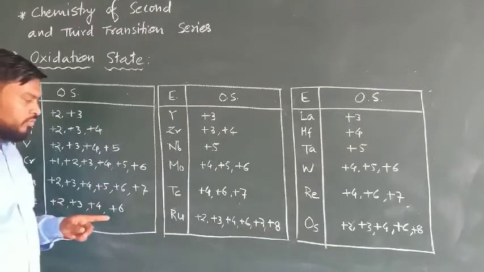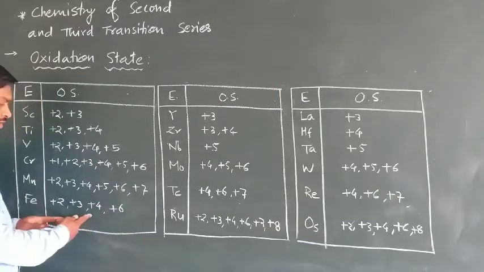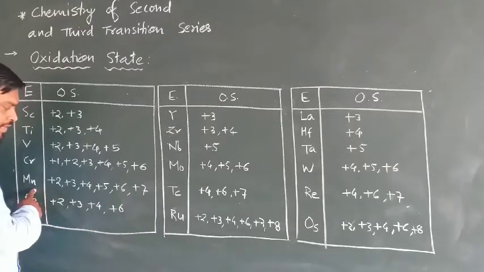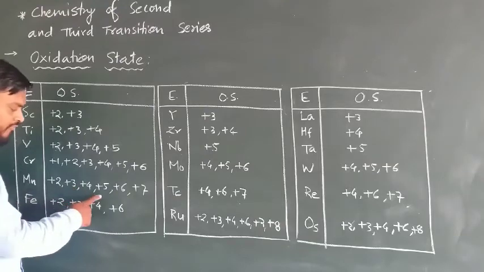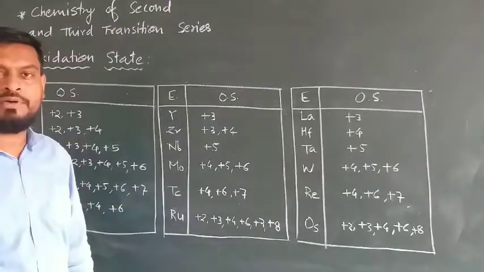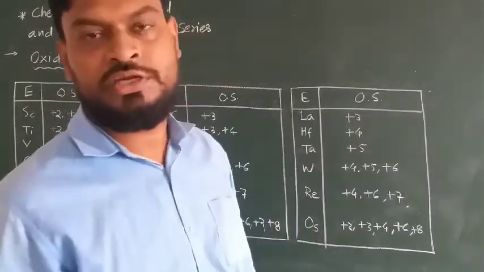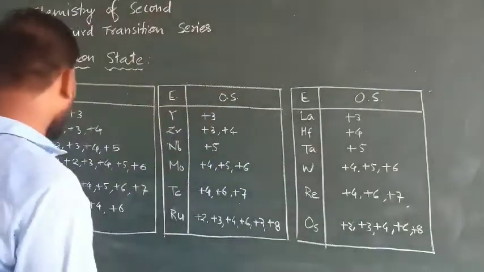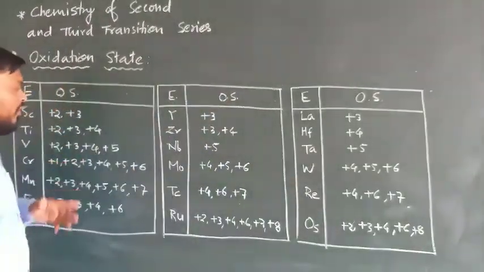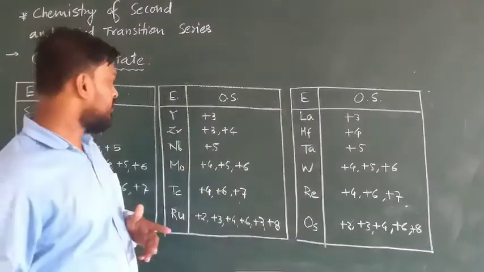If you recall the first transition series, in the case of manganese, +7 is the maximum oxidation state. And the minimum oxidation state is +1.